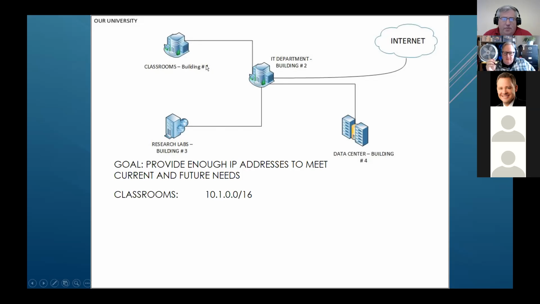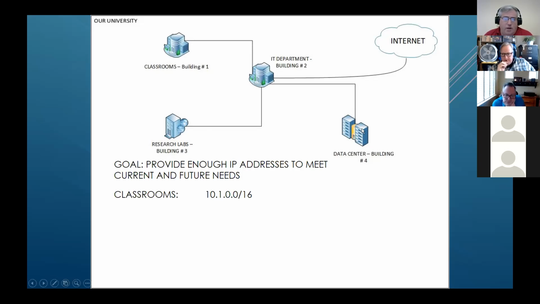That makes a pretty convenient method of assigning addresses, because we're talking numbers and addresses. So we'll make this one 10.1 because it's building number 1. And maybe we'll do 10.2 for building number 2 and 10.3 for building number 3, and so on. And then that way we would give 65,000 addresses for each of these locations.